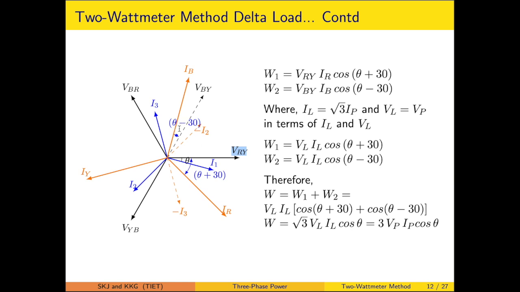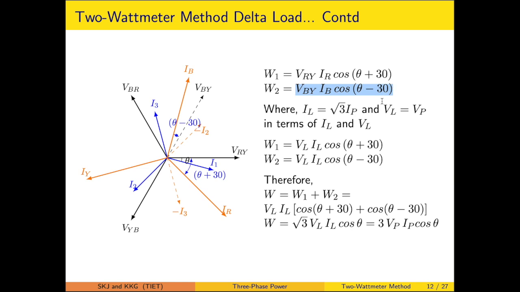Here the angle is theta minus 30 degree. This 30 degree is coming out because there will be an angle between I1 and IR. On similar lines, you will be able to write the W1, W2 in terms of the line parameters.